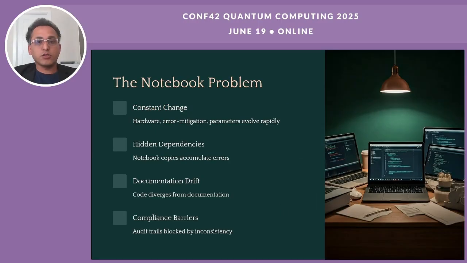Quantum research moves fast. New hardware, circuit designs, and error mitigation techniques emerge constantly, but our tooling often lags behind. Copying notebooks creates fragile dependencies. Documentation drifts as experiments evolve, and auditing becomes nearly impossible.